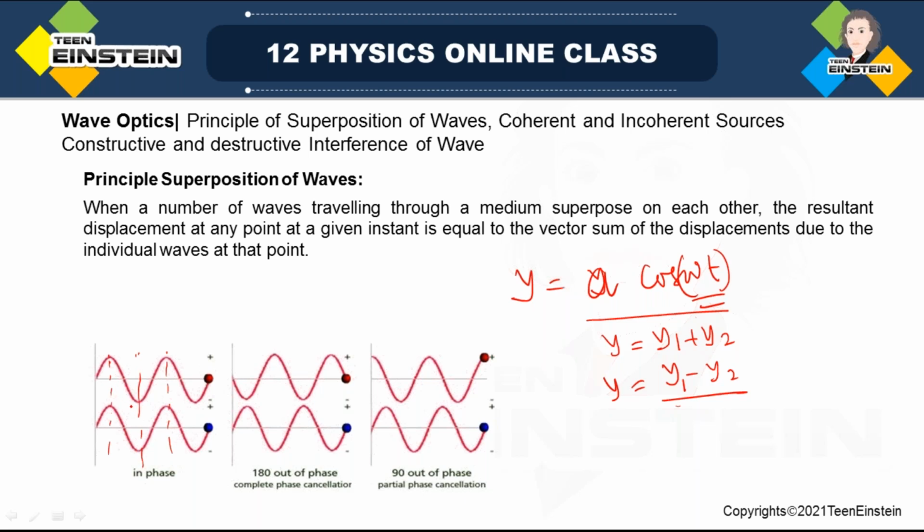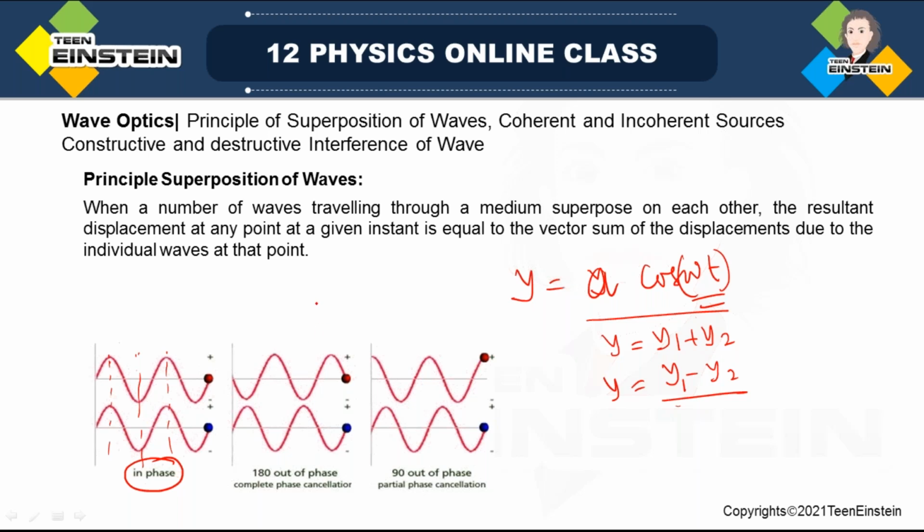When they vibrate in such a way that their maximas occur at the same time, same places, or minimas occur at the same place, these two waves are said to be in phase.